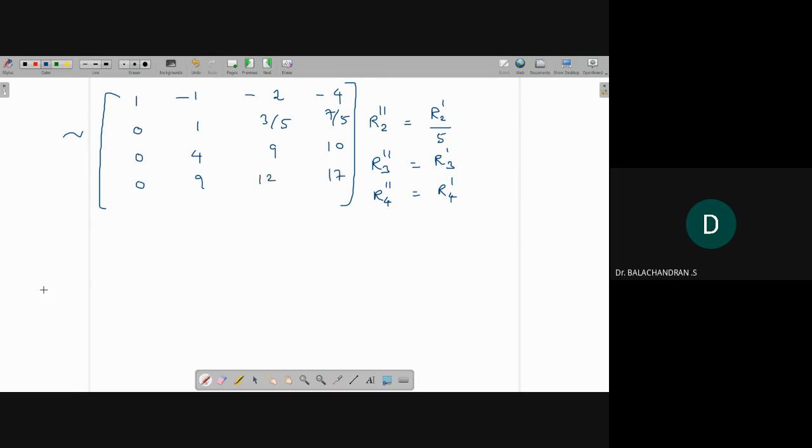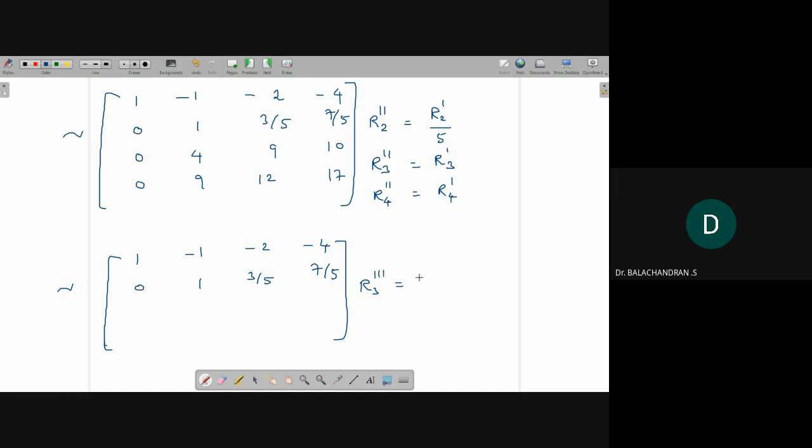Okay, and then next I'm going to convert these two elements to 0. First two rows: 1, minus 1, minus 2, minus 4, and 0, 1, 3 by 5, 7 by 5. So what is the transformation in place of R3 triple dash?